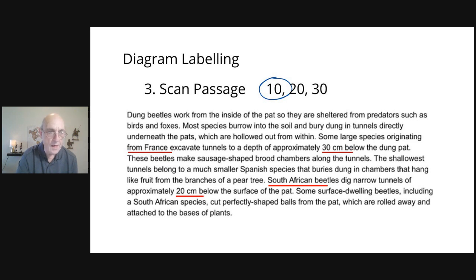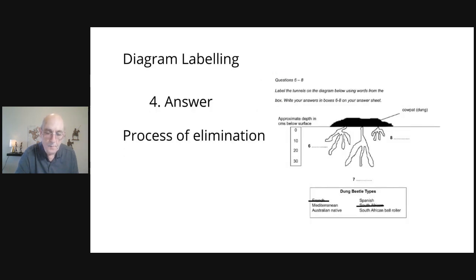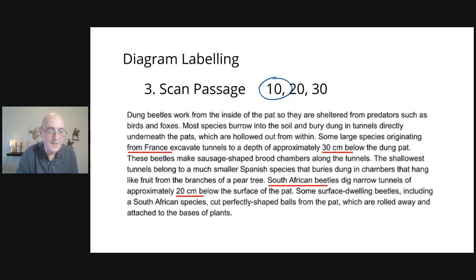So we have Spanish mentioned, but it doesn't show a specific number of centimeters, but it does say the shallowest. So I'll go back. The shallowest tunnels belong to much smaller Spanish species.